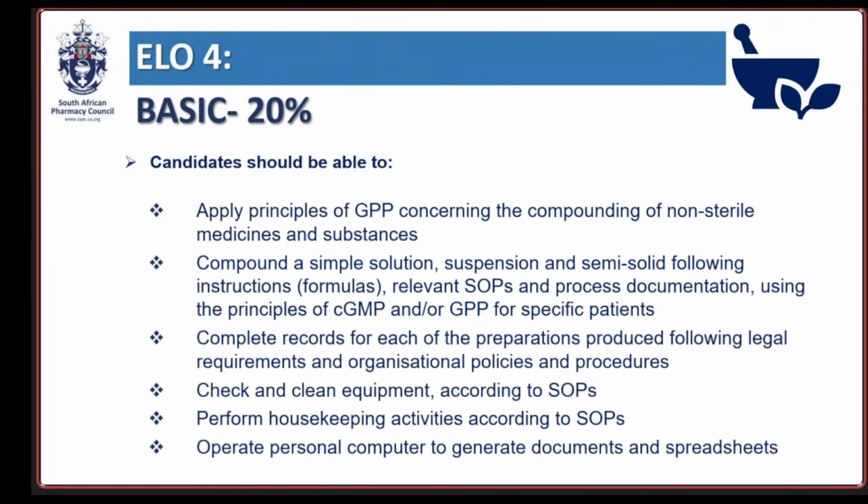Complete records for each of the preparations produced following legal requirements and organizational policies and procedures. Check and clean equipment according to SOPs, perform housekeeping activities according to SOPs, and operate personal computers to generate documents and spreadsheets.